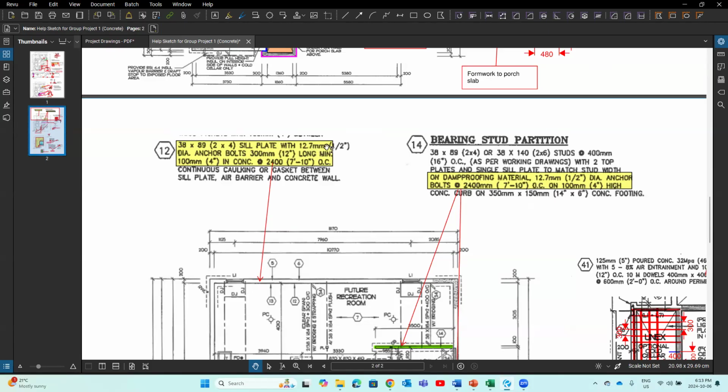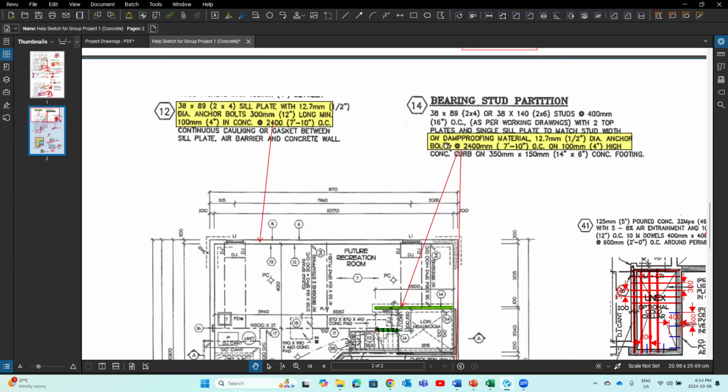The dimension is 12.7 millimeter diameter, right? That is for the sill plate. And you see, this is the size of 2x4 sill plate width. Okay, 12.7 millimeter, which is a ½ inch diameter anchor bolts, and 300 millimeter long, and 100 millimeter minimum into the concrete foundation wall at 2400 millimeter on center.